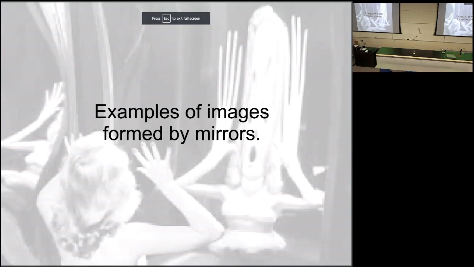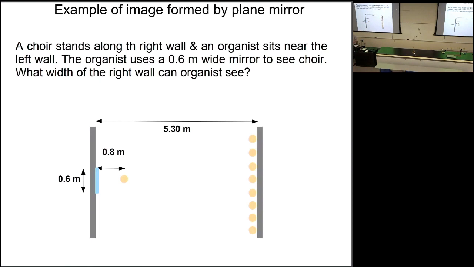Okay, let's look at an illustration example. This is for a plane mirror. I'm going to try and do two examples: a plane mirror and a curved mirror. A choir stands along the right wall. Here's the choir.